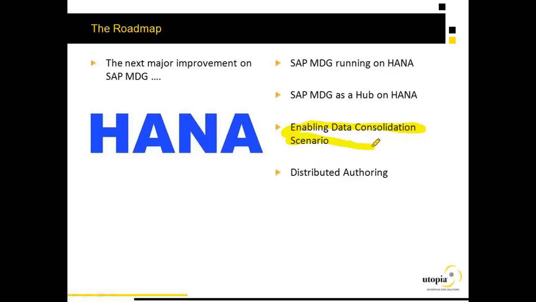And again, MDG today can support non-SAP data. However, the consolidation capabilities is not available until you run SAP MDG on HANA. And again, you can run it as a hub, right? So architecturally, you don't necessarily have to re-platform.